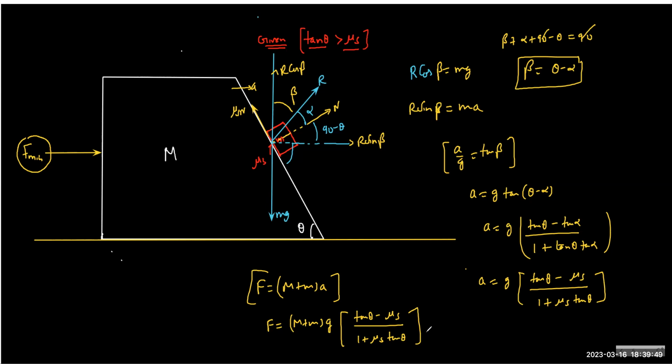If you want to expand it, it will look like sin theta minus mu s cos theta, over cos theta plus mu s sin theta. Do you realize the power of this R? If we ignore this mu s and N, we drastically reduce the effort of solving the question, isn't it? Only if you can realize.